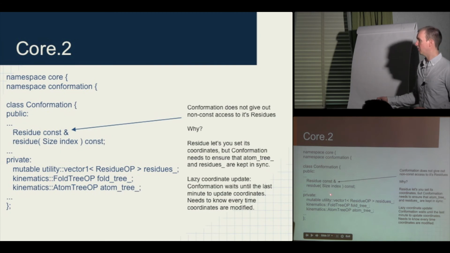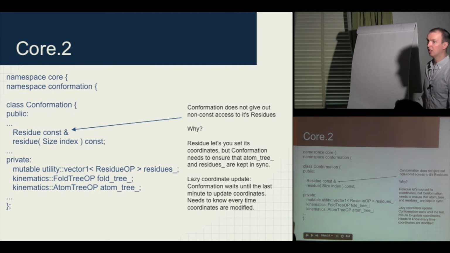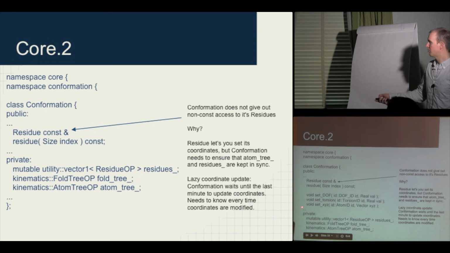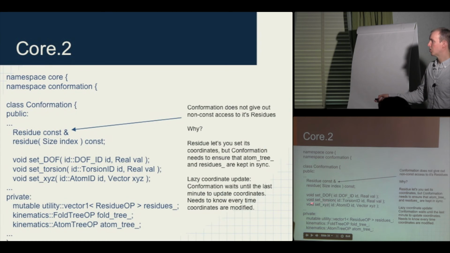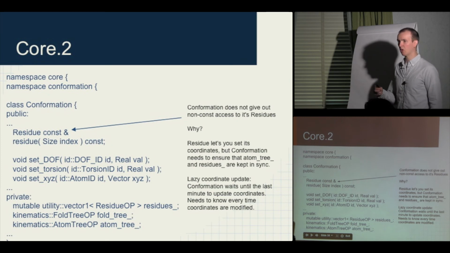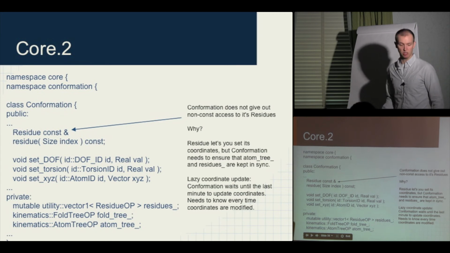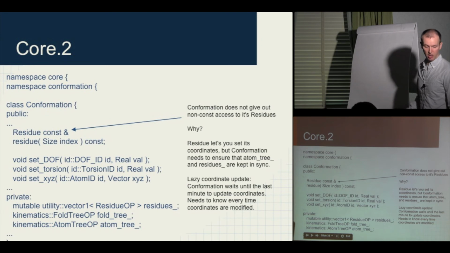And the conformation may have to update its internal data in this lazy fashion. So here are these functions: the set doff, set torsion, set XYZ. Like I said, the conformation is going to keep track. Every time that you call this function, it's going to record what kinds of modifications you made to the structure so that it can efficiently update the internal data that it has, the consistency between residues and the atom tree.